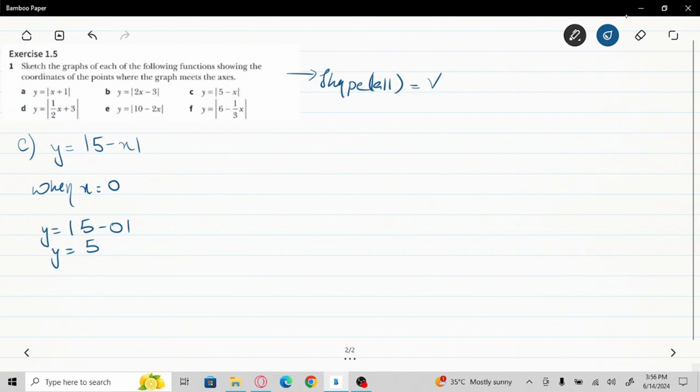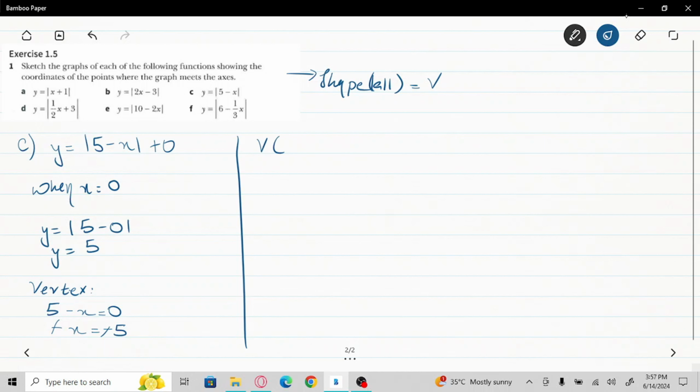Then we find the vertex, which is when 5 minus x should be equal to 0, and then negative x should be equal to negative 5, so x is equal to 5. The y value is again 0 because there is no c value here.